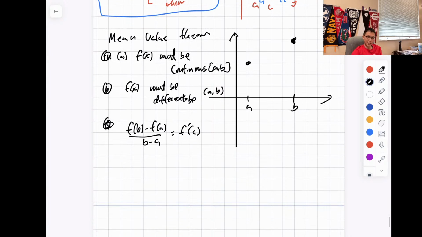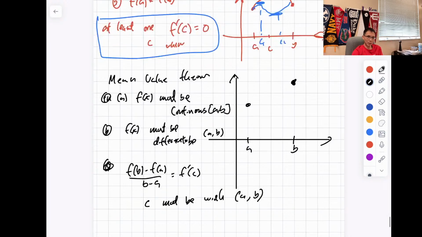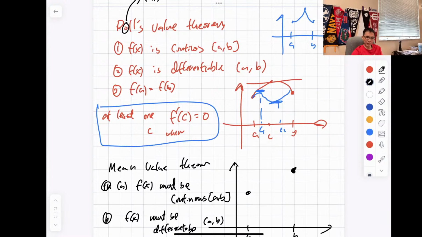Now the c must be within parentheses a to b, not brackets. It cannot be an endpoint, because an endpoint is not differentiable, so it doesn't work.